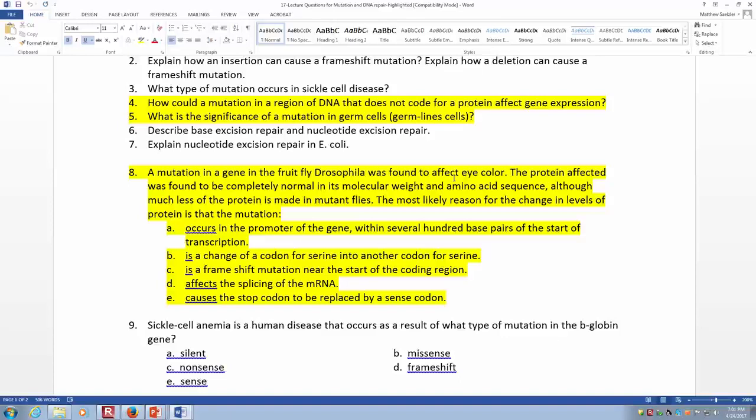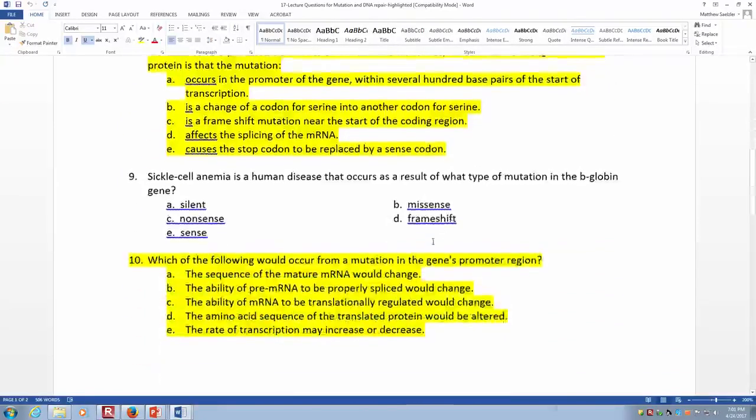Right, A. The reason that it could be A is that let's say the mutation in the promoter decreases the likelihood of RNA polymerase binding to the promoter. That would lead to making a decreased amount of mRNA, and then a decreased amount of the protein that mRNA codes for. Okay.